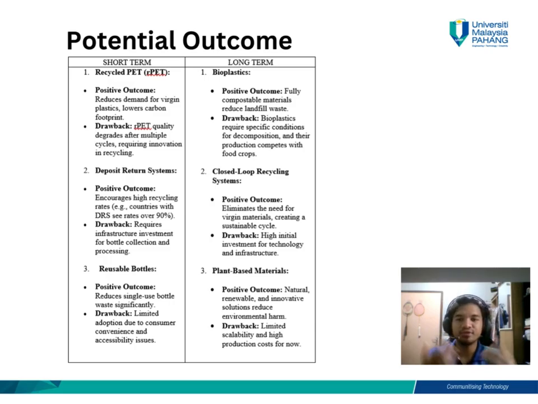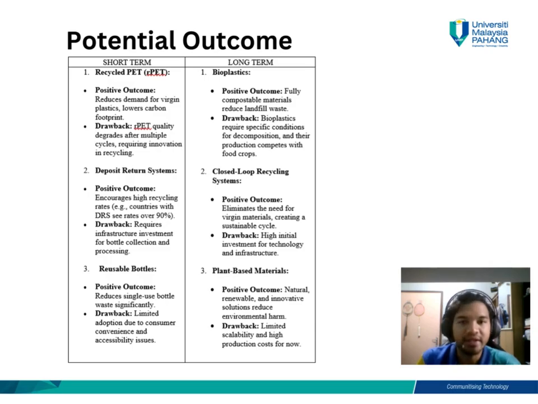Okay, next we go through the potential outcome. For the short term, with the deposit return system, there is a positive outcome. It encourages higher recycling rates, and when consumers use this solution, it will make more positive outcomes.